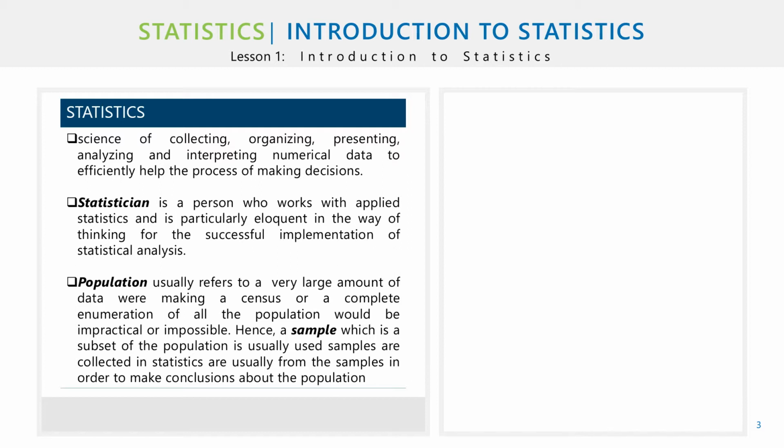Statistics is defined as the science of collecting, organizing, presenting, analyzing, and interpreting numerical data to efficiently help the process of making decisions. As per the definition, it will help us make decisions.